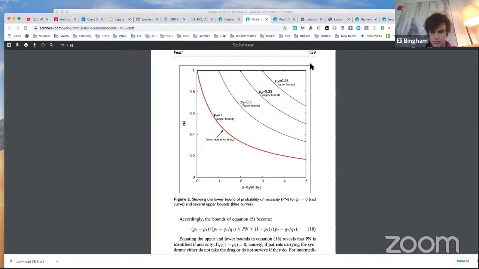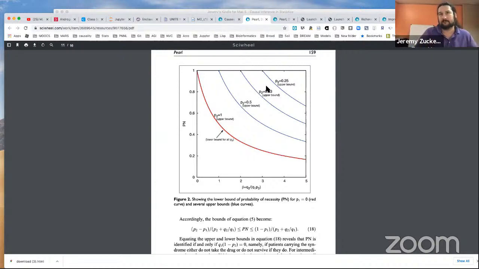Every time I read one of these articles or book chapters by Pearl that presents bounds like this, I find them totally impenetrable. How did he come up with it, I guess, is the question. Well, I suspect that, as always, the bound, at least the lower bound, just pops out from including the latent variable in your counterfactual calculations.